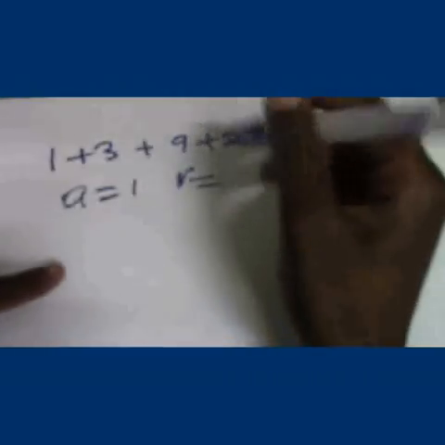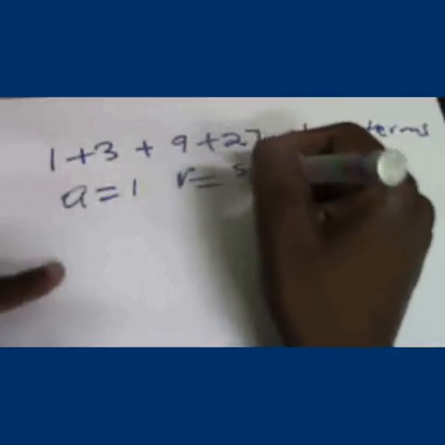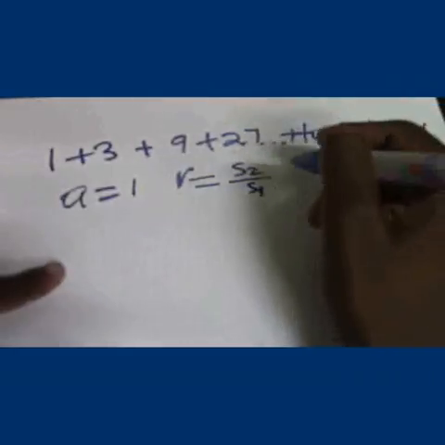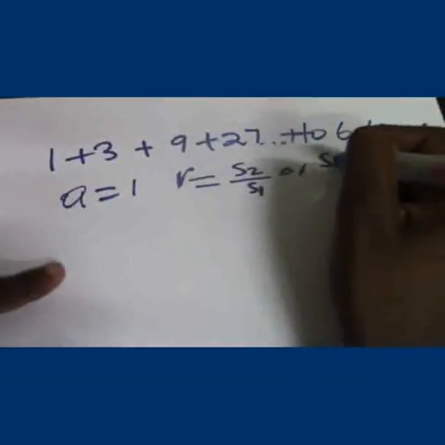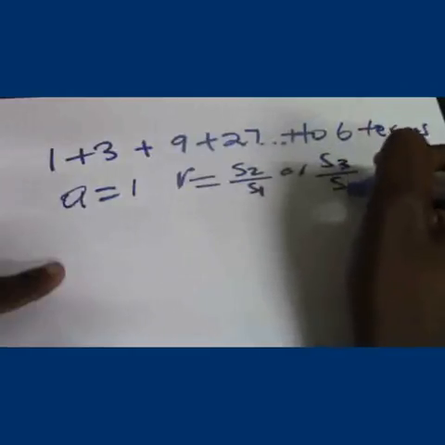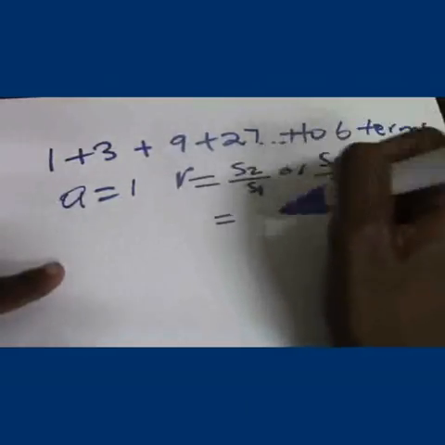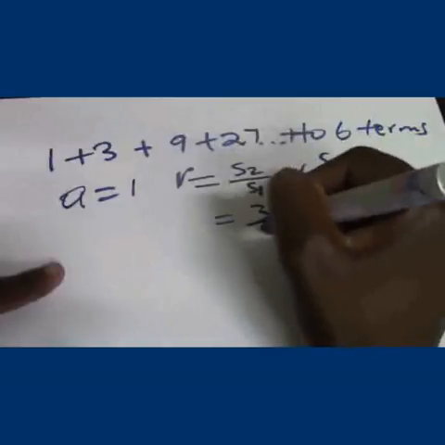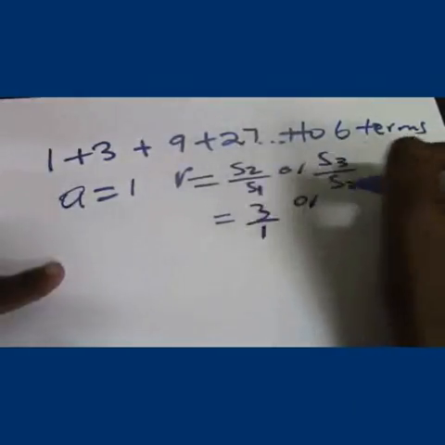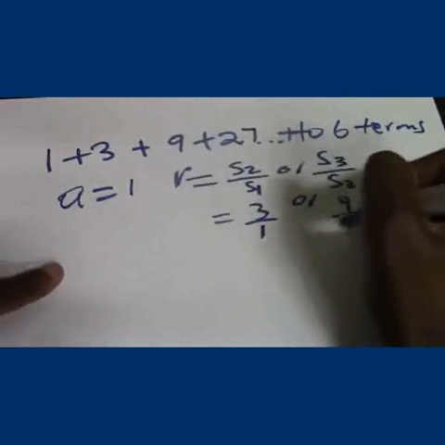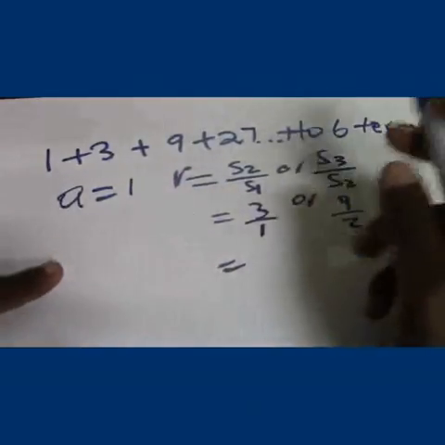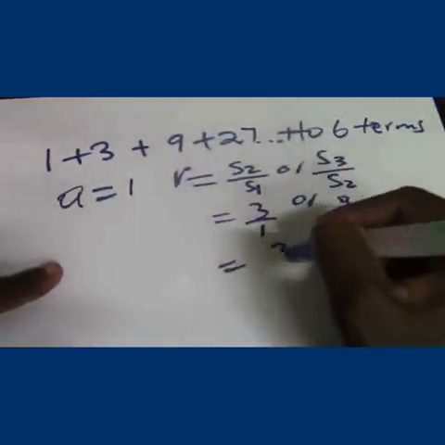Let's go, our a is the number at the beginning, our r is S2 over S1 or S3 over S2, which is 3 over 1 or 9 over 3, which is equal to 3.